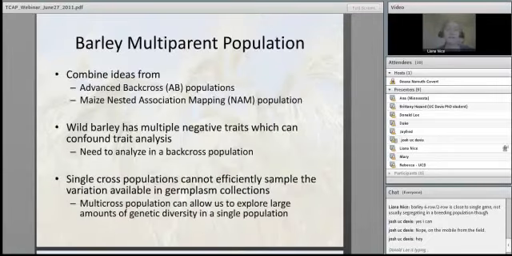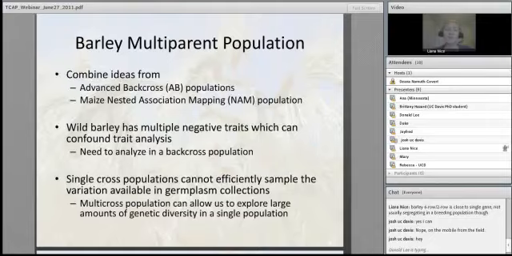So the barley multiparent population I'm developing combines ideas from the advanced backcross populations and the maize nested association mapping population. As I've discussed, wild barley has multiple negative traits which can confound trait analysis. So to be able to really characterize the utility of the wild barley germplasm, we're going to need to analyze it in a backcross population.